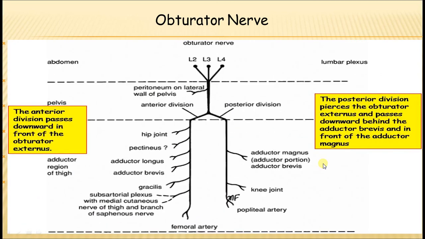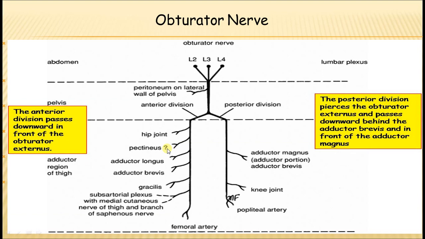So here you are able to see a topographic representation from L2, L3, L4, the obturator nerve seen on the lateral wall of the pelvis, anterior and posterior division. The anterior division mainly supplies articular branches to the hip joint, and muscular branches to pectineus, adductor longus and adductor brevis. Here there is a question mark because it might supply, and sometimes the pectineus muscle might receive its nerve supply completely from the femoral nerve.